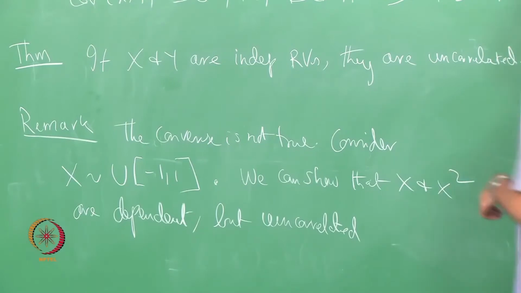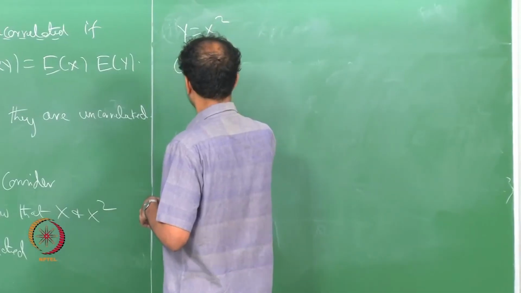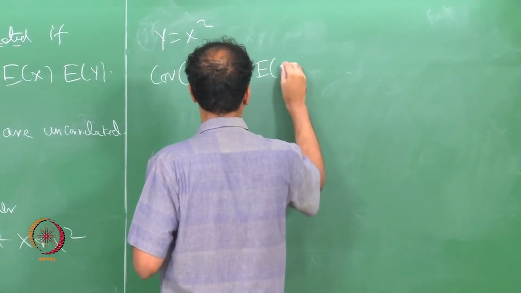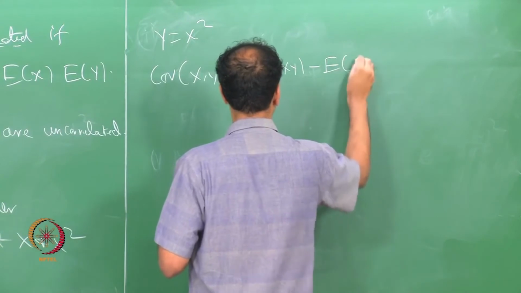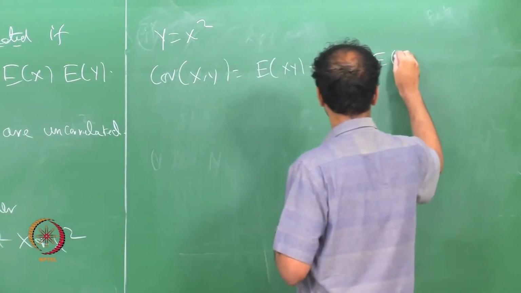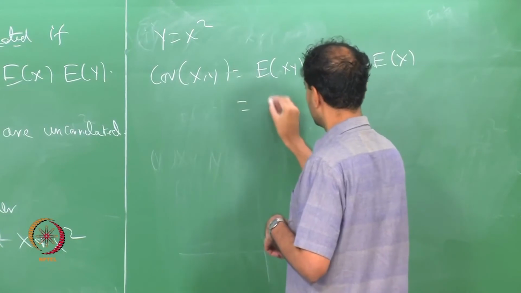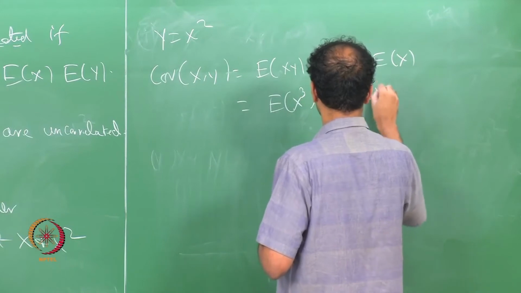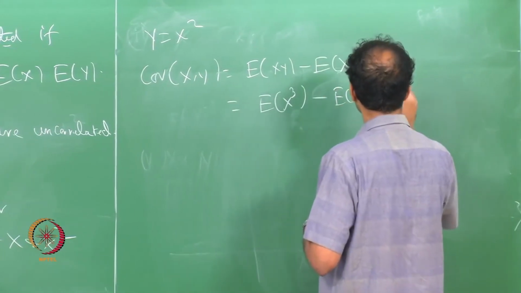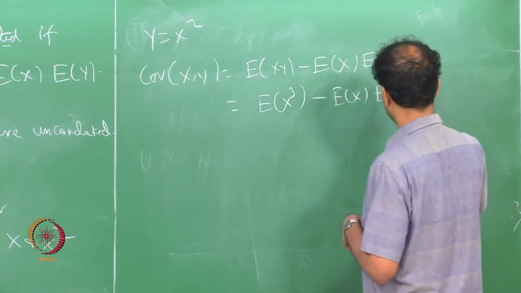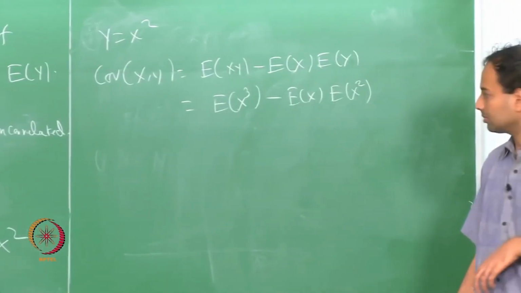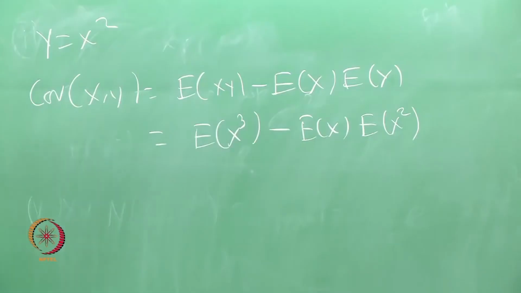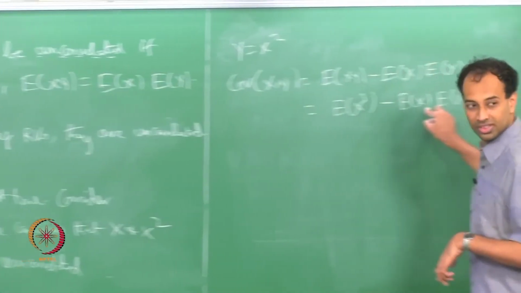because you say y equal to x squared, covariance of x comma y is equal to expectation of xy minus expectation of x times expectation of y, which is equal to expectation of x cubed minus expectation of x times expectation of x squared, right. You can see expectation of x is 0, right.